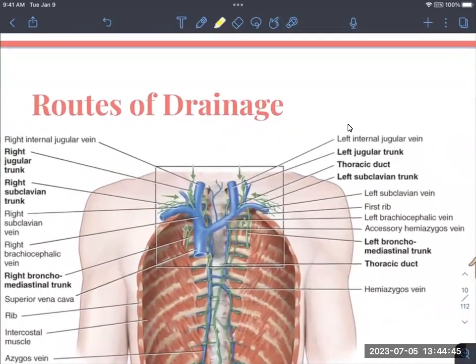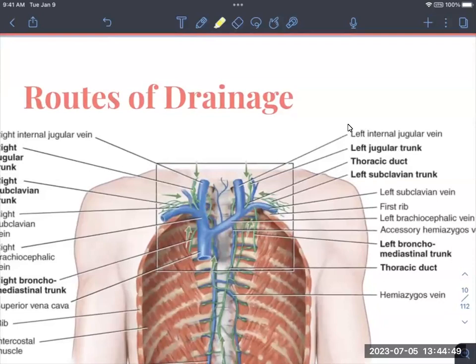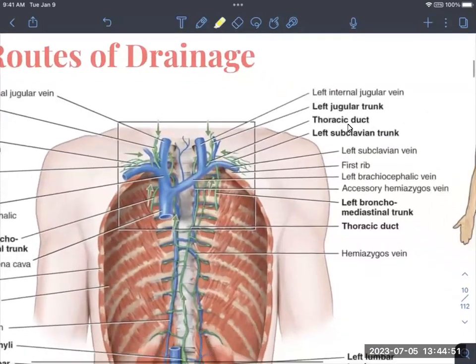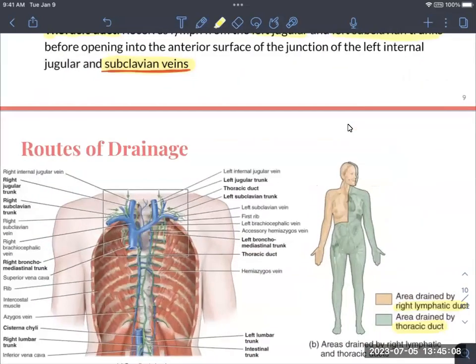And we can see how that right lymphatic duct is coming down towards that superior vena cava before it enters into that heart.